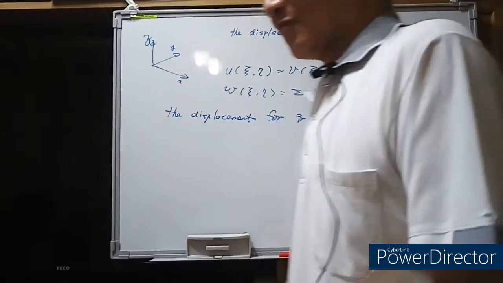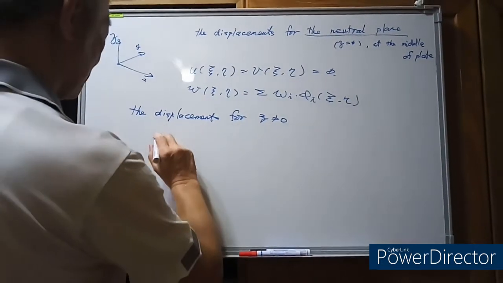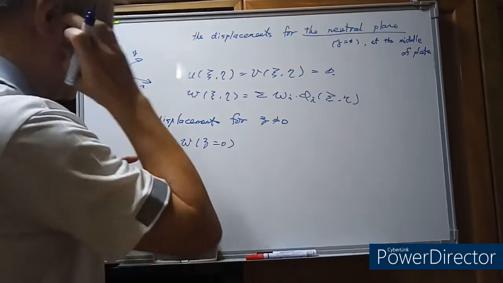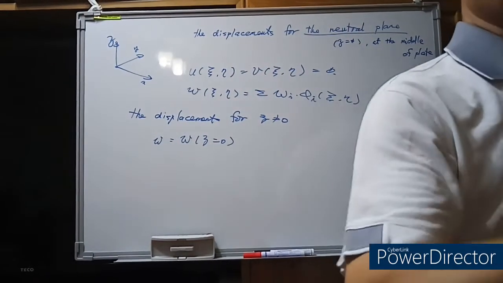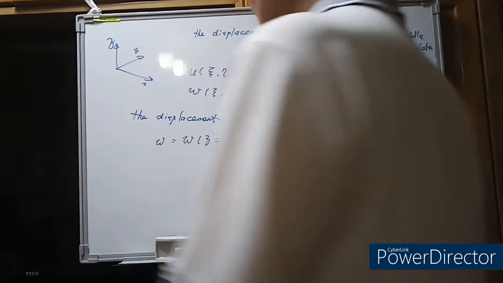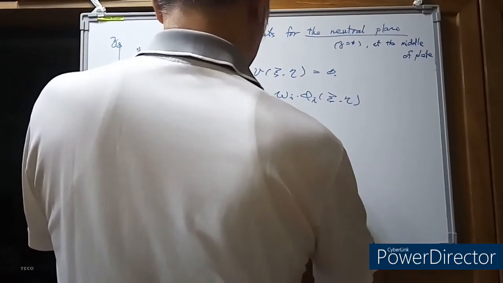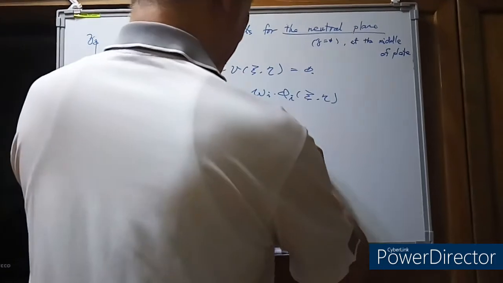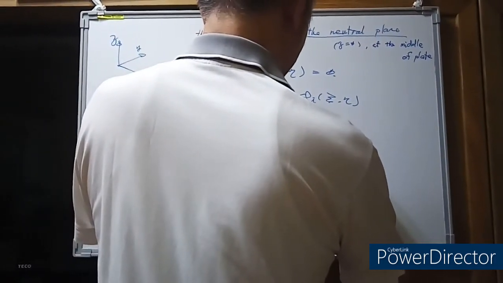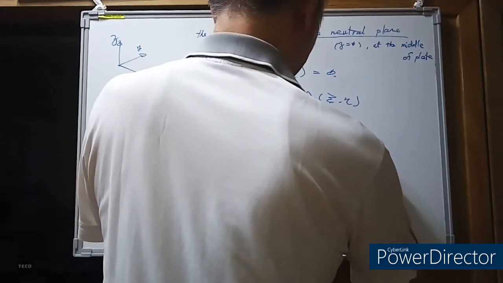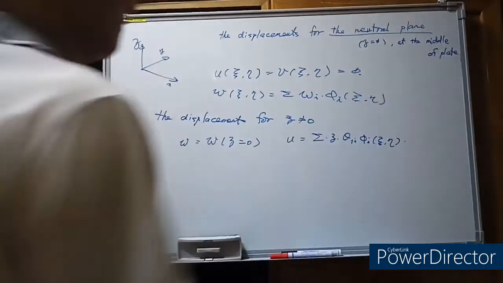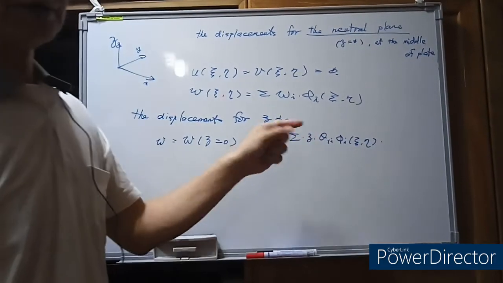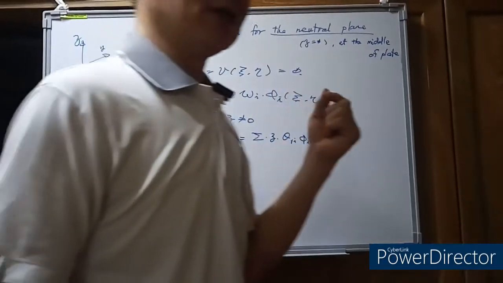Okay, for the displacements for z not equal to 0, it means the w displacement will be the same as at that point, and also the u displacement will be the theta y times z, where theta y represents the theta y for the considered point.